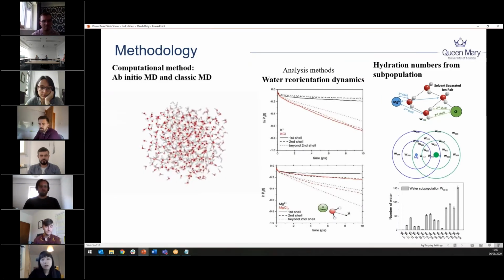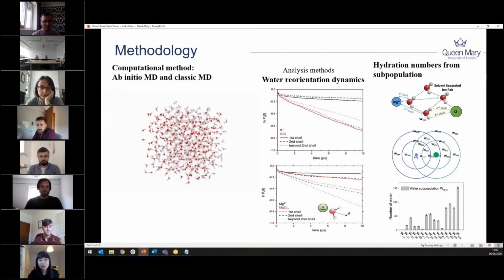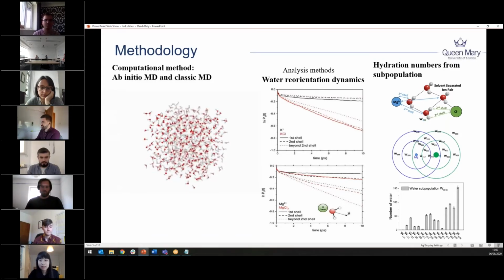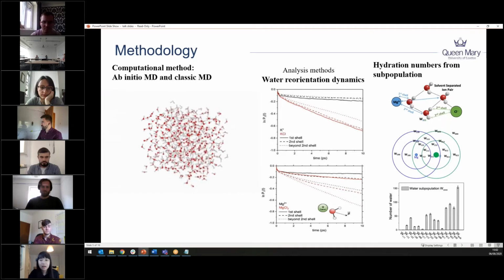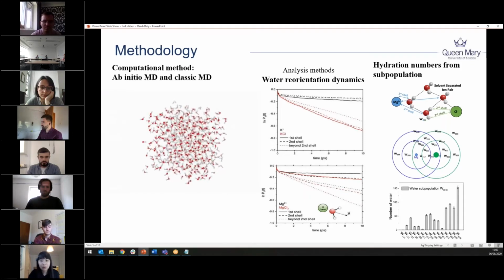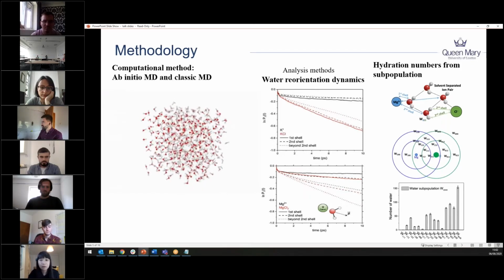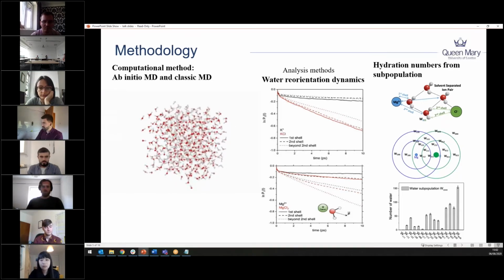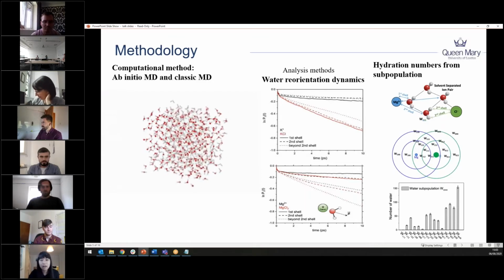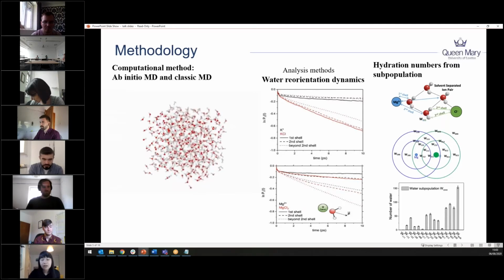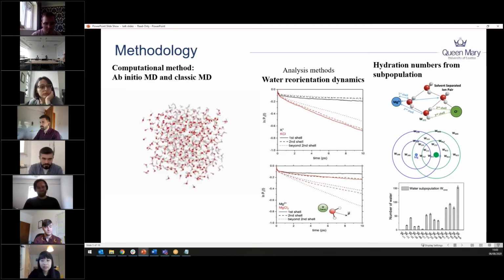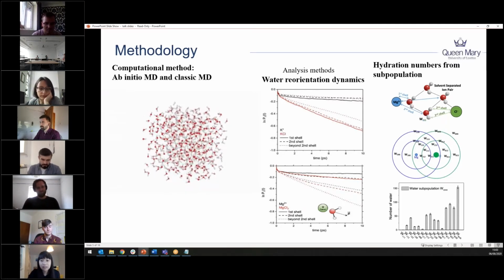Here is an overview of what we have done. We present ab initio molecular dynamics, and because the cost of ab initio molecular dynamics is high, we also do classical molecular dynamics with the ECC force field. The ECC force field uses different charges for magnesium chloride, sodium and others. It's 1.5 for the magnesium, not 2. And then we did a lot of different analyses.